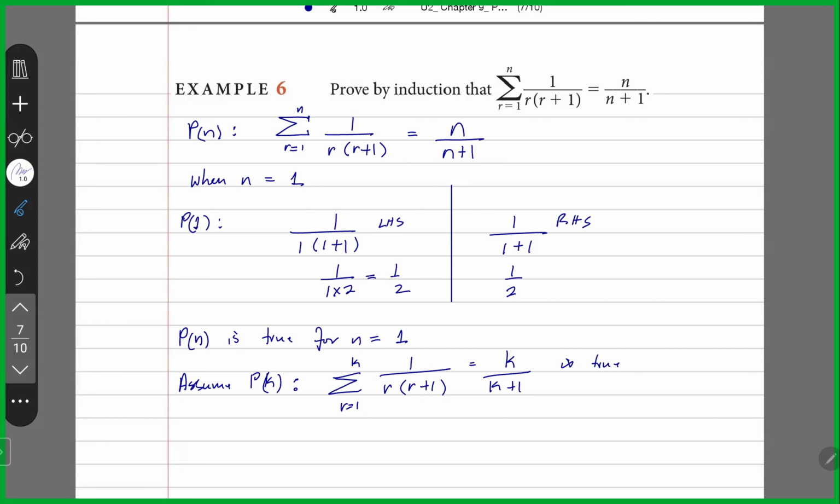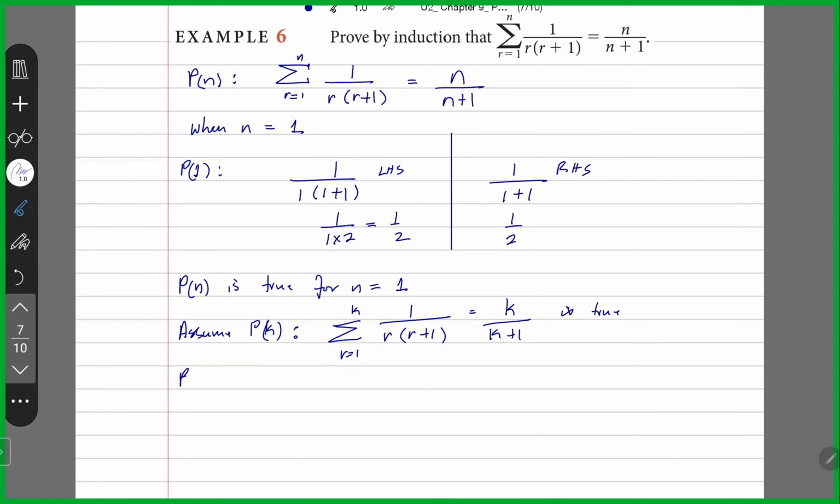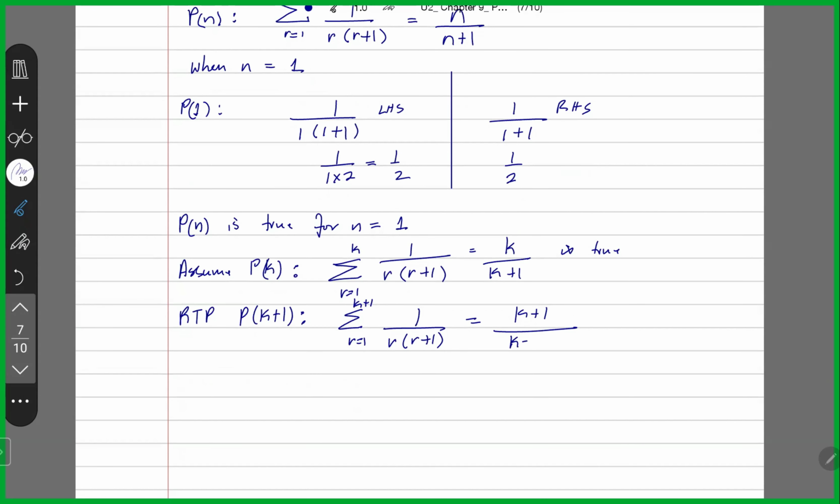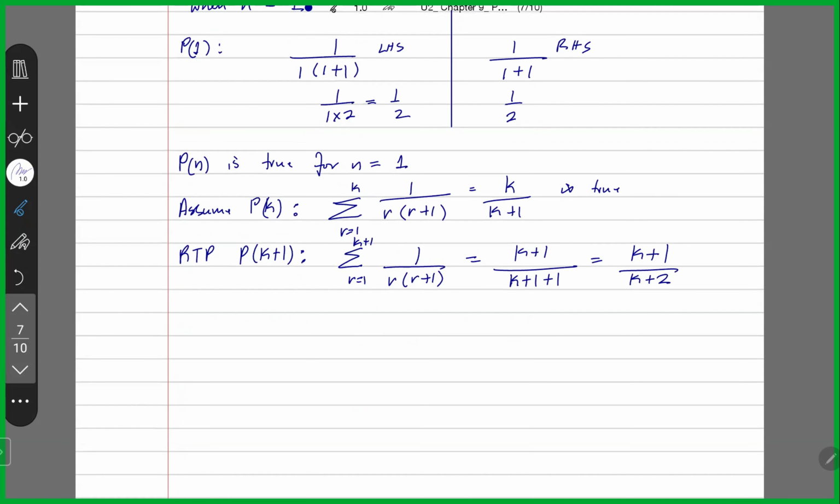Then we'd be required to prove that Pk plus 1, which is the sum from r equals 1 to k plus 1 of 1 over r into r plus 1 is equal to k plus 1 over k plus 1 plus 1, which would be equal to k plus 1 over k plus 2. All right, so we're required to prove this statement.